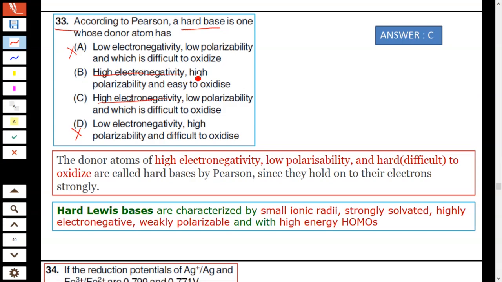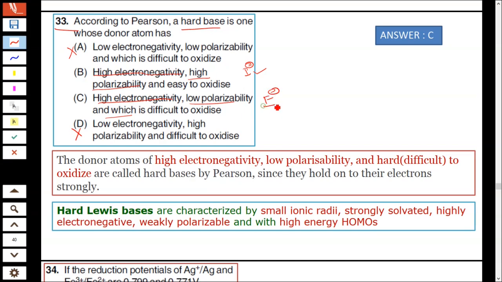Among the options B and C, you see, they are given high polarizability and low polarizability. Let us take an example. High electronegativity and high polarizability, for example iodine. Iodine is larger in size, which has a high polarizability. Whereas you take fluorine.